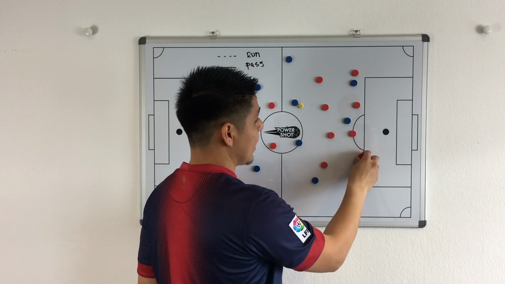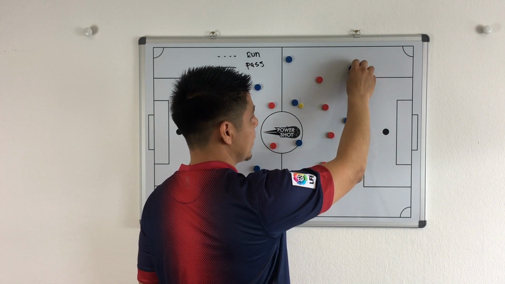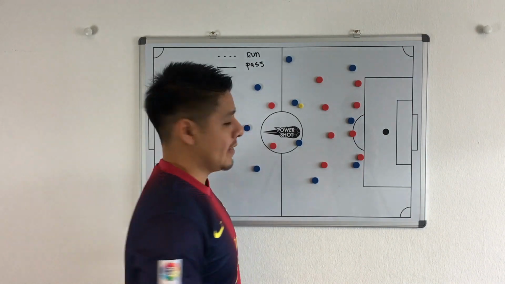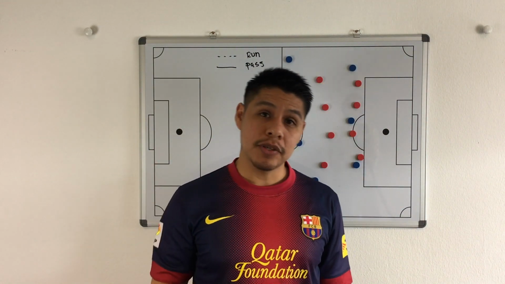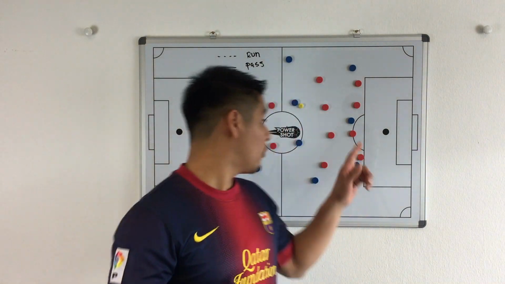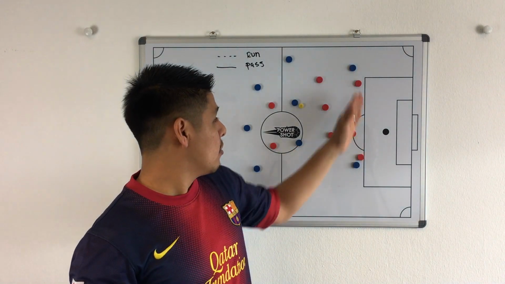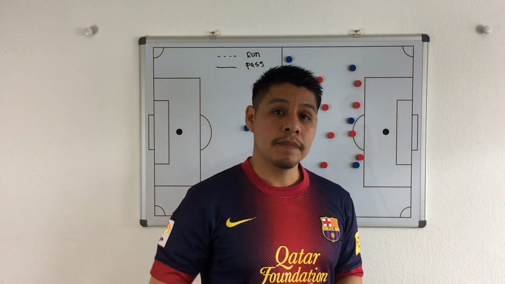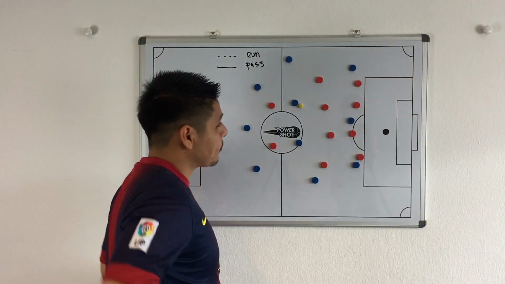let's take a look at some ways that we, as coaches or as players who play in that position, can exploit the false nine and take advantage of what that position can create, not only for this particular player, but for the other players as well. Okay, so let's begin here.